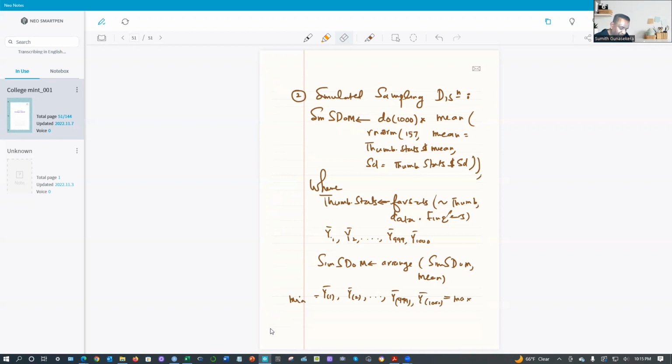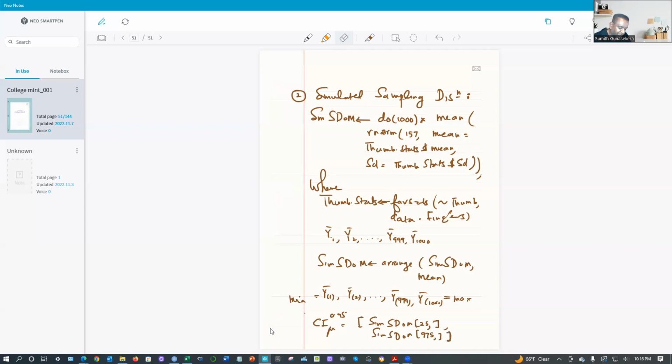So the confidence interval 0.95 is the same as earlier. You get the upper bound and lower bound. How do you get them? Go to the simulated sampling distribution of mu and get the 25th, comma, and the 975th. That's it.